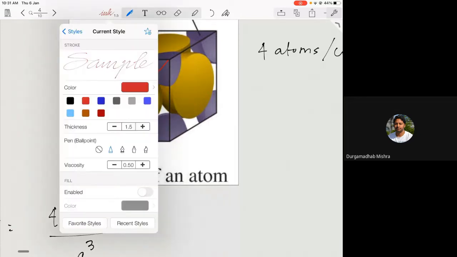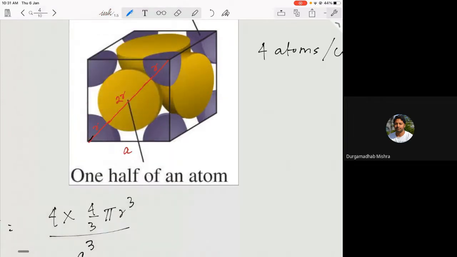So the face diagonal would be square root of 2 A. In terms of A, this diagonal is square root of 2 A, because it's a square, and this is equal to 4R.